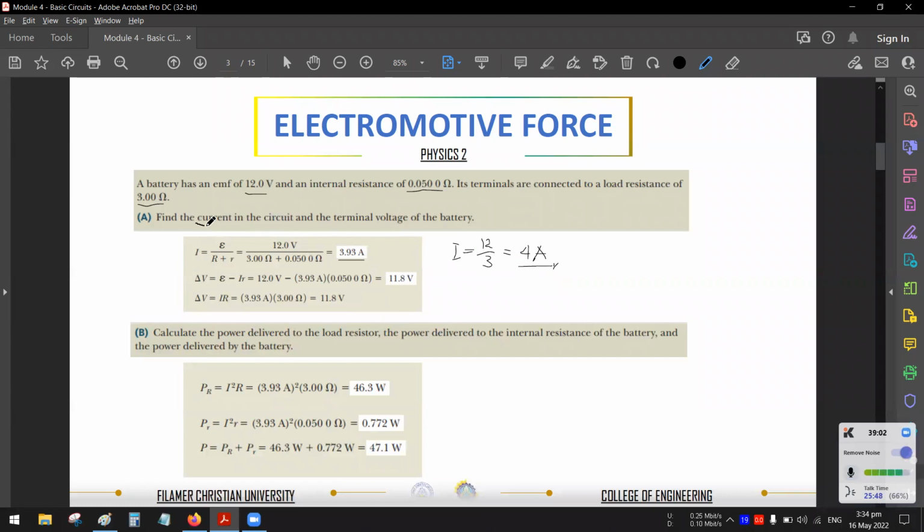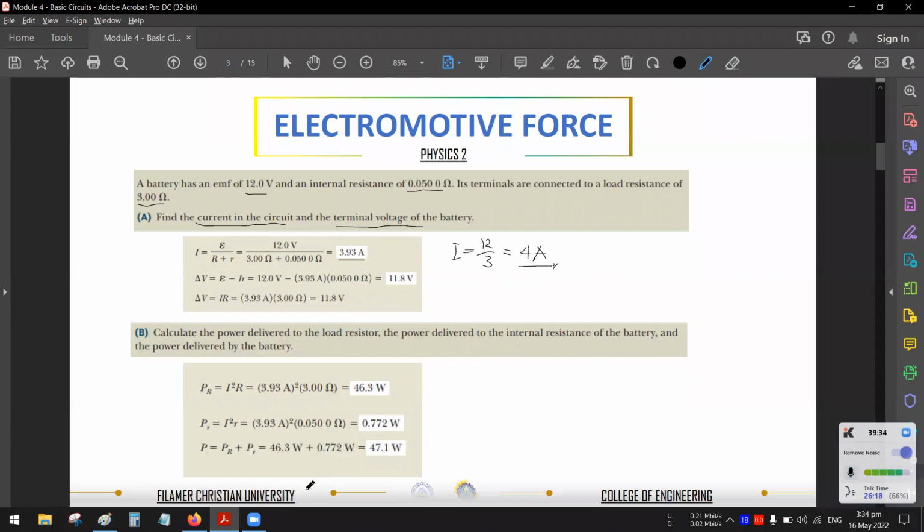So this is the current in the circuit. So hinahanap din dito is the terminal voltage of the battery. So terminal voltage ng battery, this is nasa labas na. Kasi yung terminal voltage meaning kasama dito yung internal resistance. Okay, so that is 12 volts minus the product of your current, which is 3.93, times the internal resistance of 0.05.